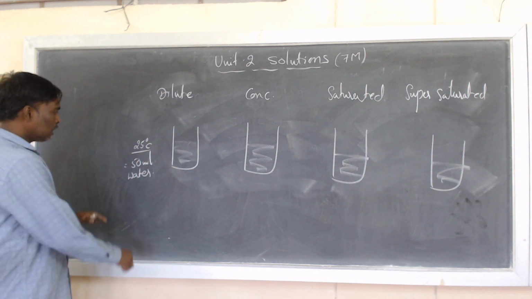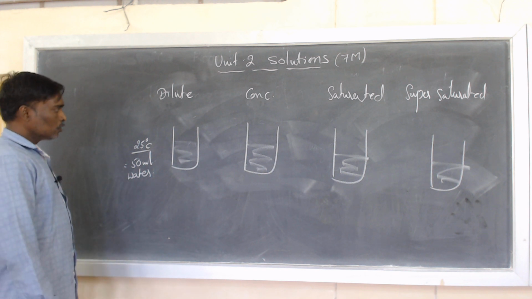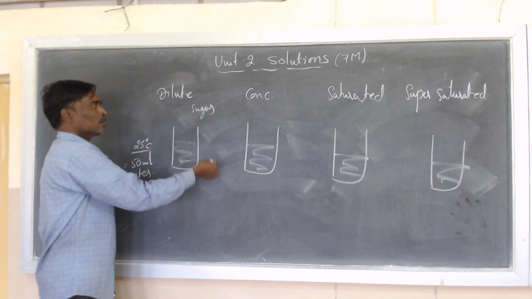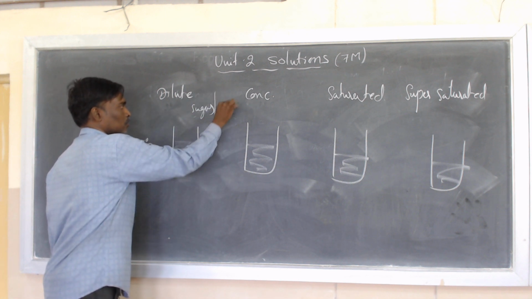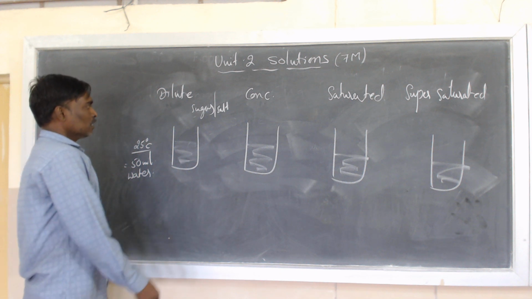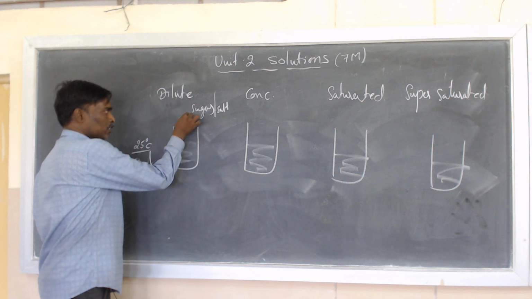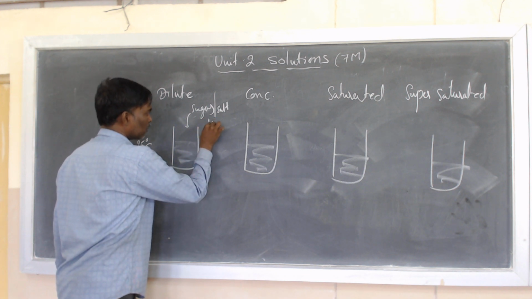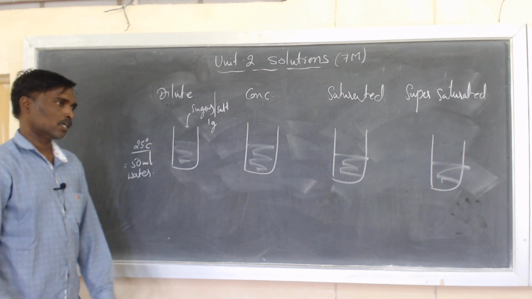Now I am adding the solute. The solute here is sugar. I am adding sugar or salt; you can just use common salt. In the first solution I am adding just 1 gram of the sugar or salt.